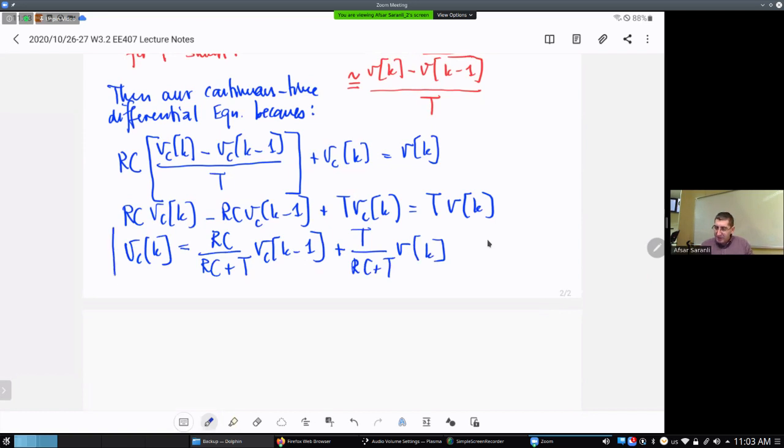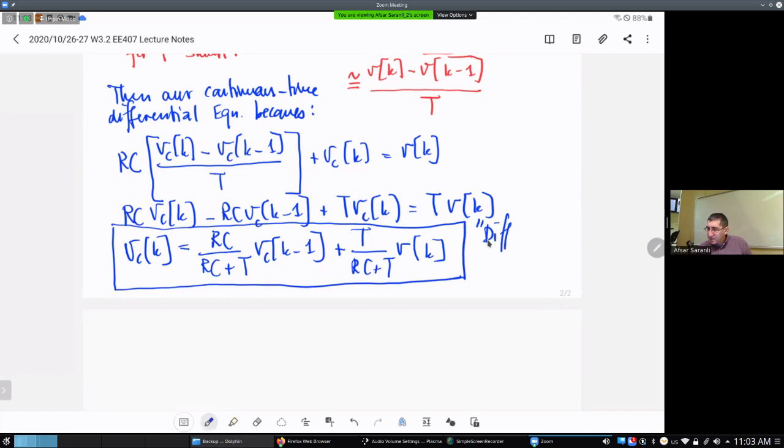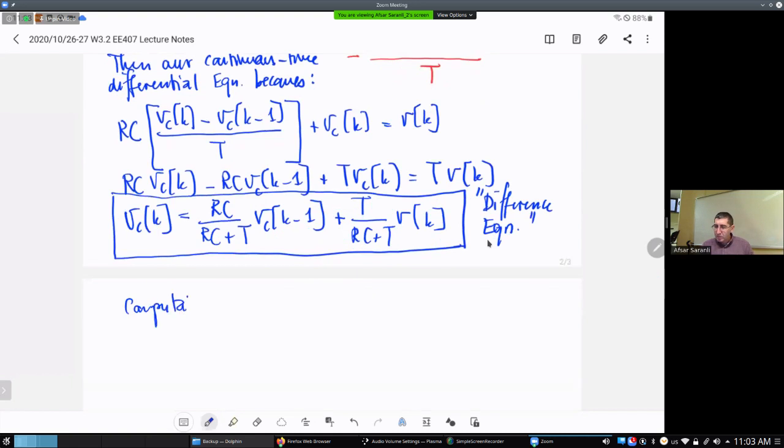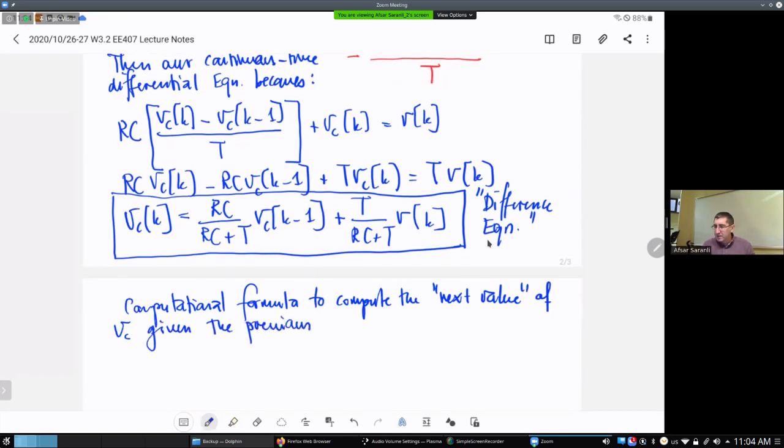So that becomes an equation, and we call this a difference equation. It is essentially a discrete time system model. You see, this is a computational formula to compute the next value of Vc given the previous value of Vc, that means at time k minus 1, and the current value of the input.